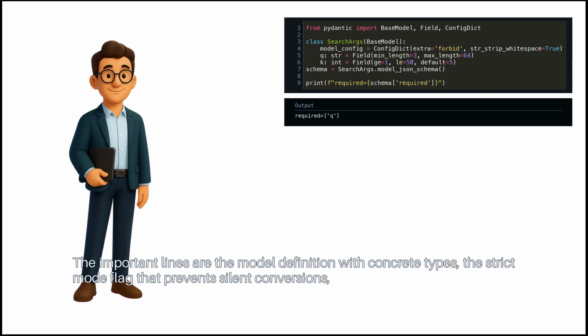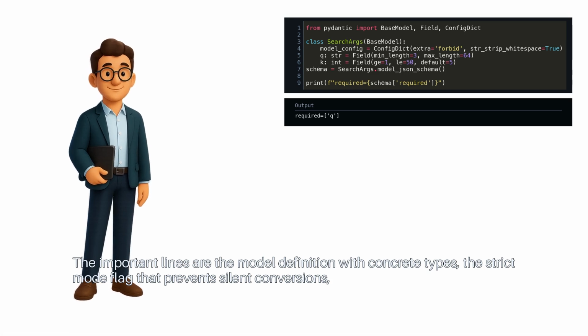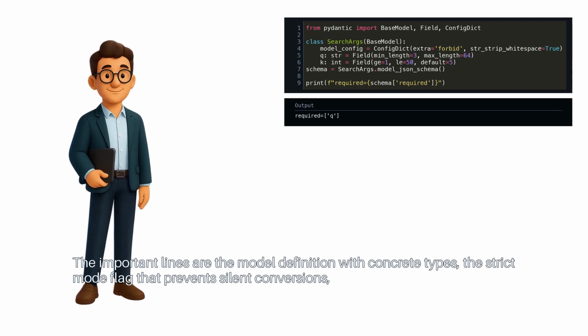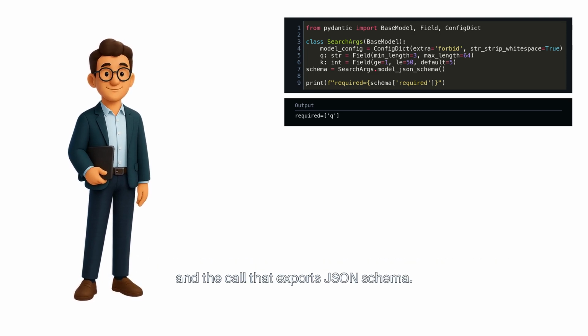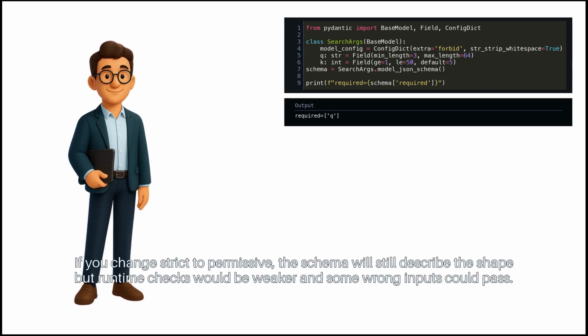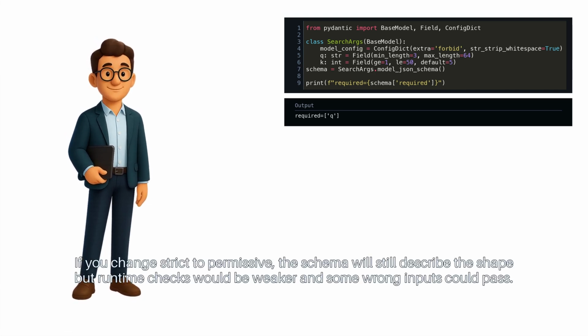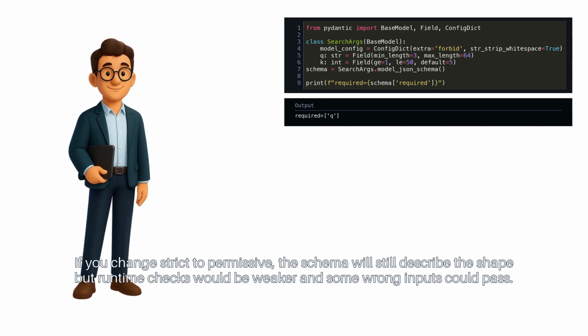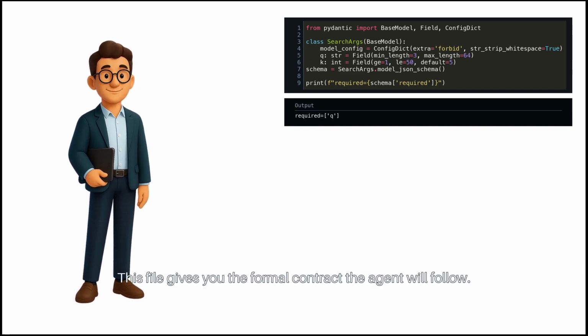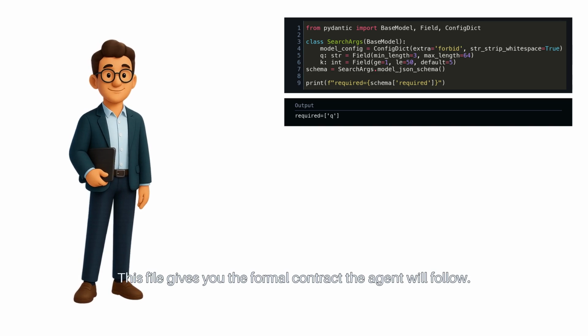The important lines are the model definition with concrete types, the strict mode flag that prevents silent conversions, and the call that exports JSON schema. If you change strict to permissive, the schema will still describe the shape, but runtime checks would be weaker, and some wrong inputs could pass. This file gives you the formal contract the agent will follow.